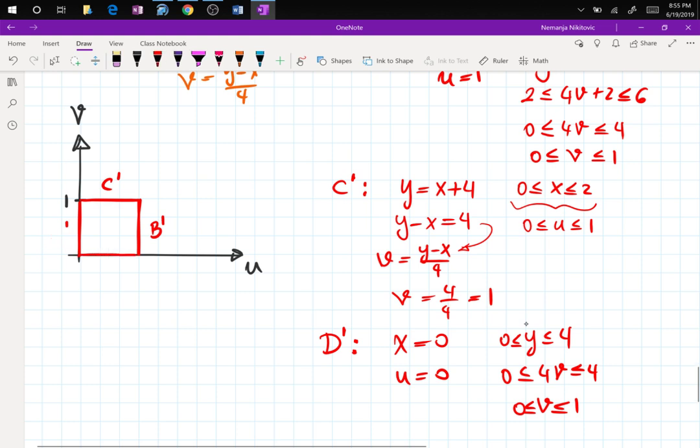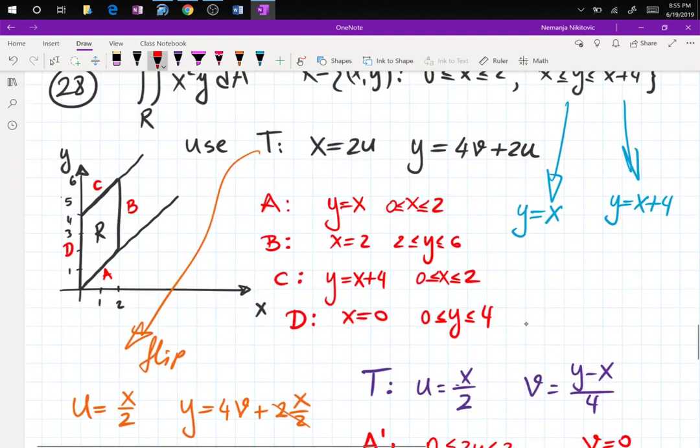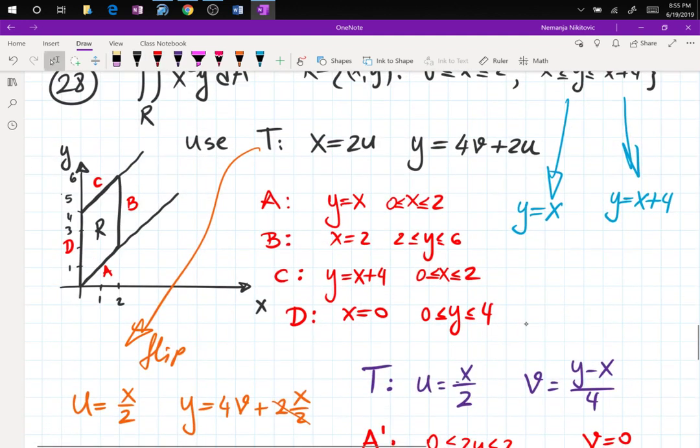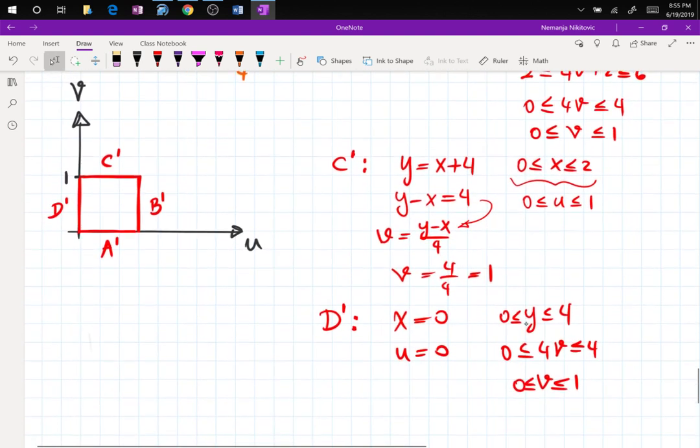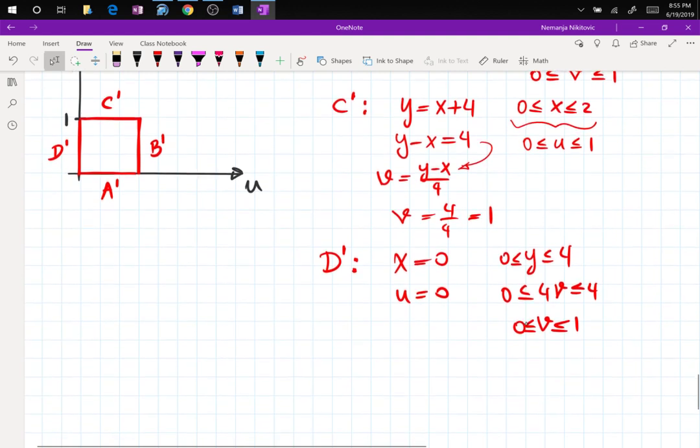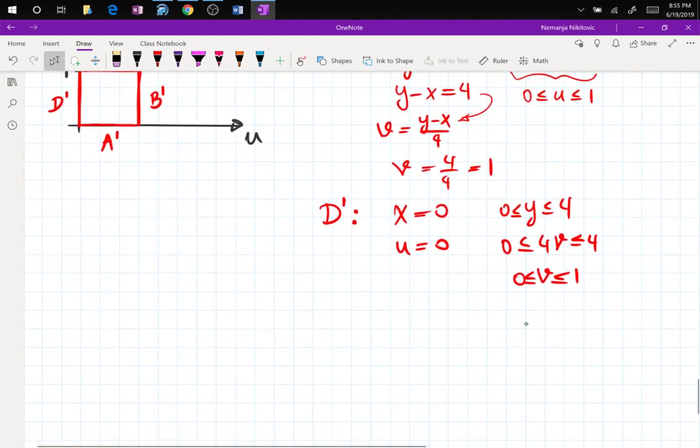Oh, that's D. Sorry, I graphed this wrong. So A, B, C, D. We got a square. So instead of integrating over that parallelogram R, we did the transformation and we got the new space, which is a square. Much easier to integrate over, right? Well, there's no free lunch.